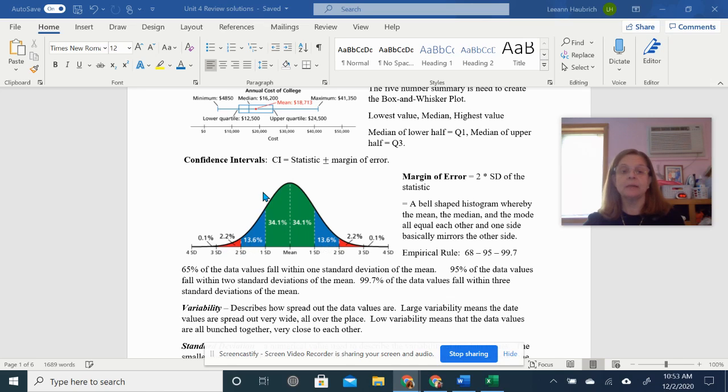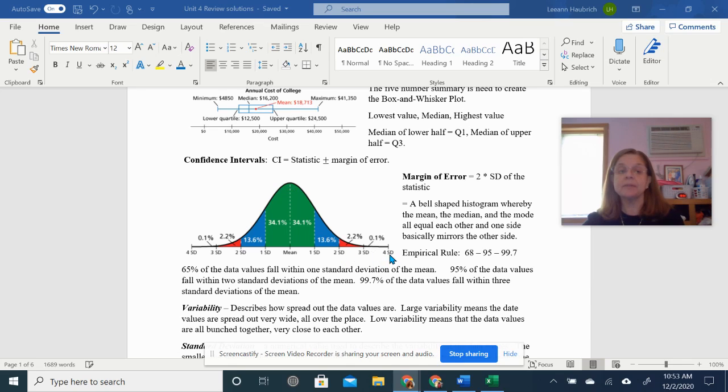95% of all data, so that includes all the green and all the blue, will fall within 2 standard deviations. Three standard deviations, where the red ends, so it's everything in the red, the blue, and the green, is 99.7% of the data.